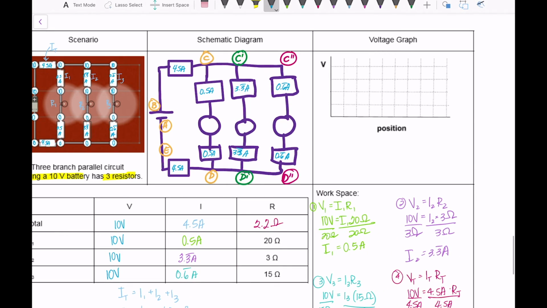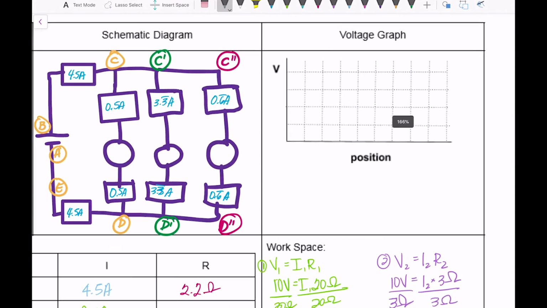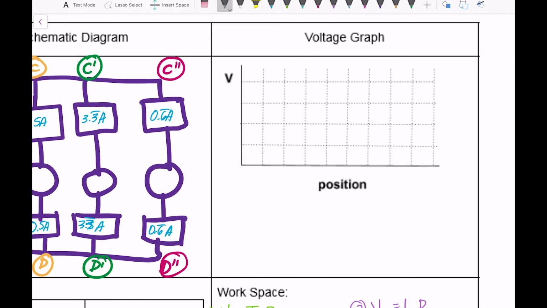Okay, so now, when we draw our graph, we're going to label it A, B, C, D, E, and A. And our y-axis is going to be 5 and 10. Then we start at 0, and then we go up to 10 for B. And at point C, it's still at 10.